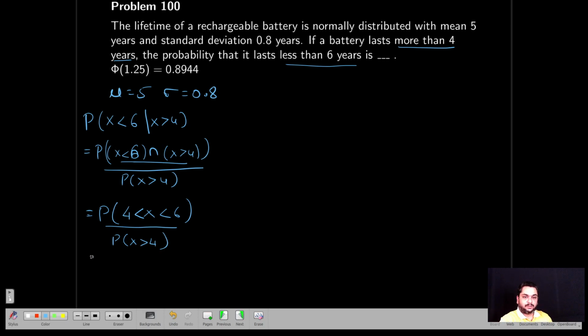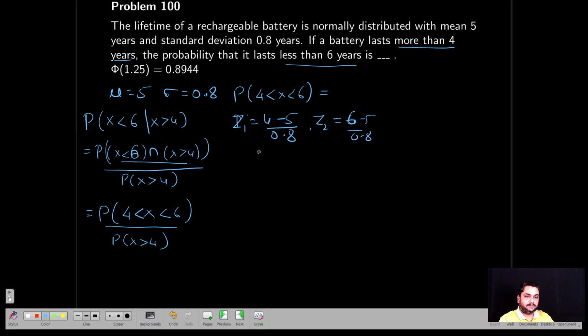Now we calculate the z-scores for each of these. P of 4 less than x less than 6 is equal to, let's say Z1 equal to 4 minus 5 by 0.8, Z2 equal to 6 minus 5 by 0.8.